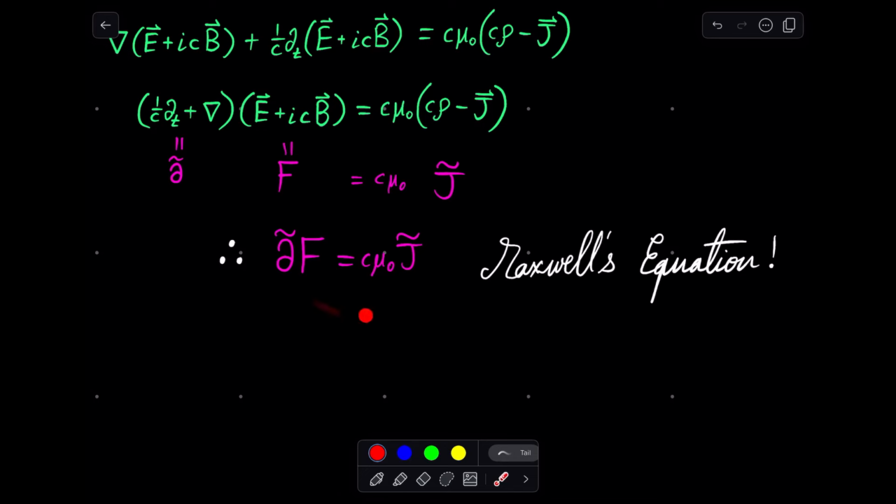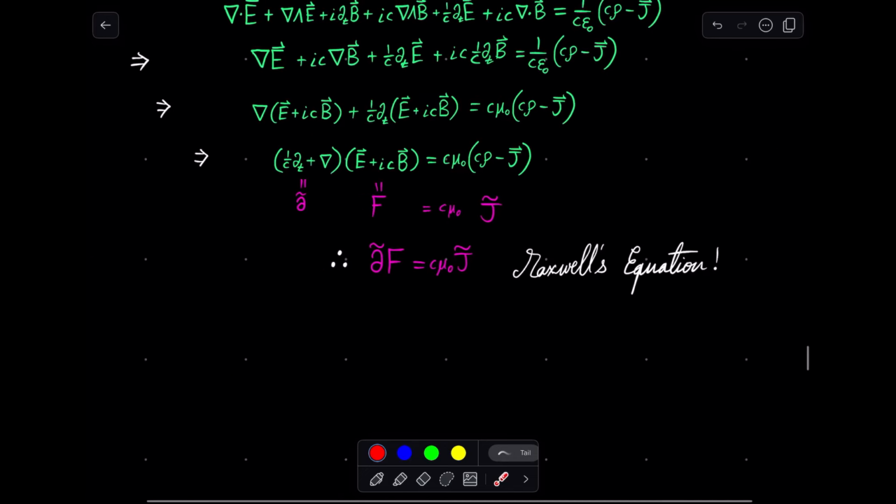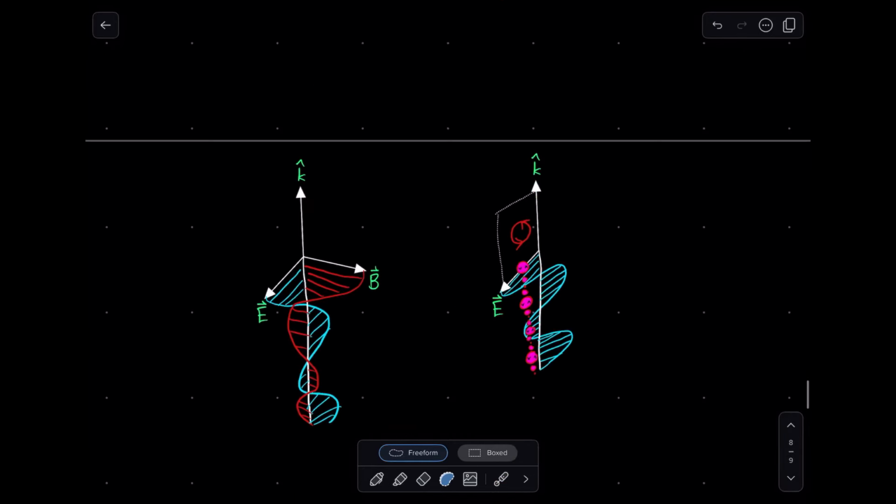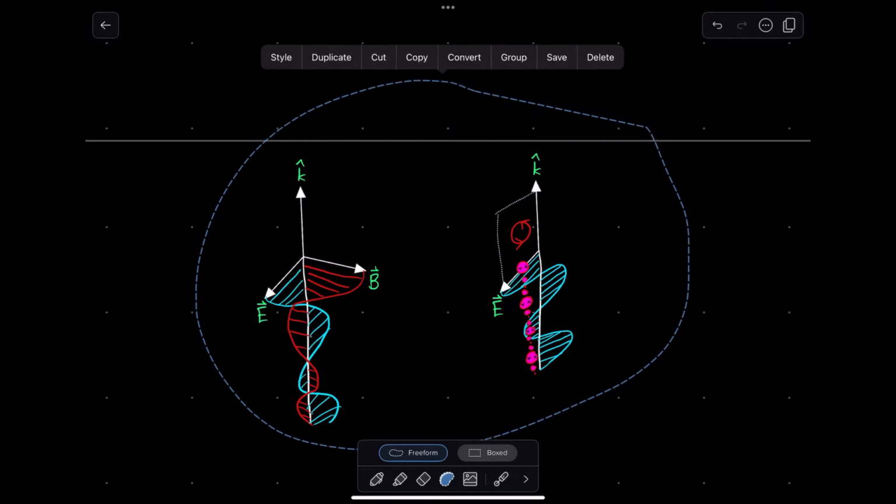But how is this any different from just a simplification? Does it actually mean anything conceptually or physically? The answer to that is yes. It actually does have implications. So I was drawing some things earlier, and I'll bring these up.